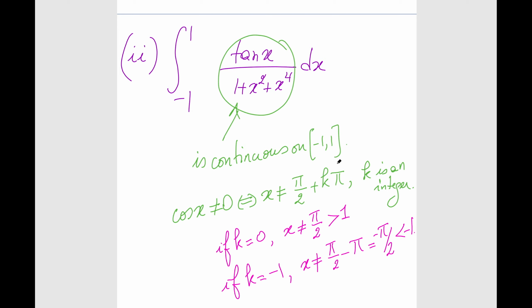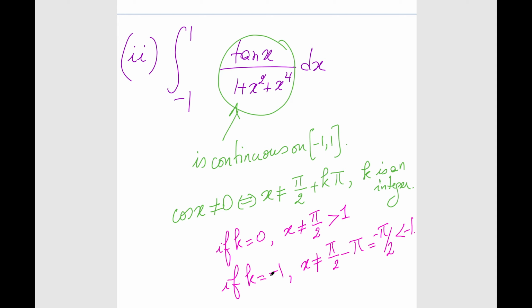Okay. All right, so long story short, the bad points that make the function not continuous are outside the set, because the first one after 1 occurs when k is 0, and the first one before negative 1 occurs when k is negative 1. And then all the rest become smaller than that guy.